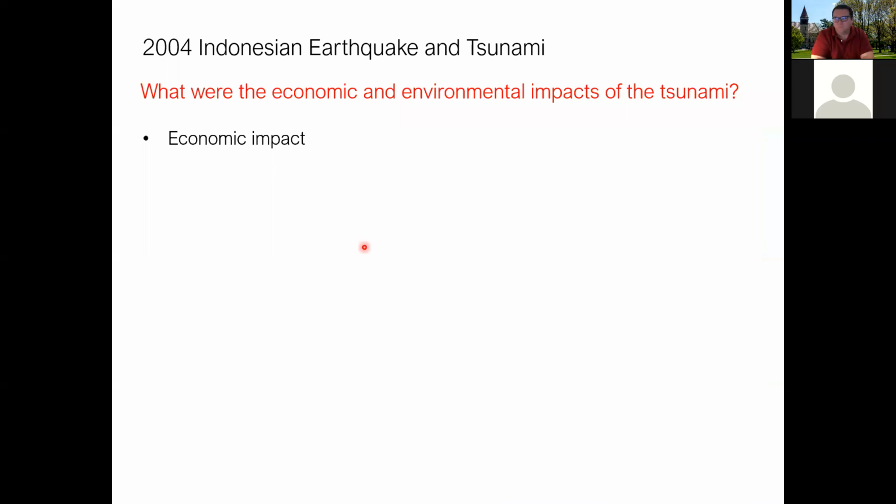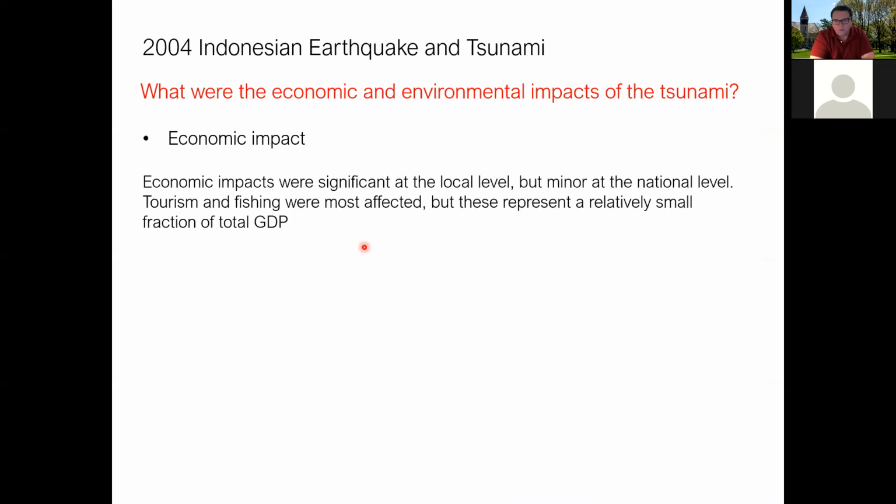So, some of the things to consider are: what are the actual economic and environmental impacts of a tsunami? The economic impact can be exceedingly high at local levels. Typically, they do tend to be, in fairness, relatively minor at the national level.